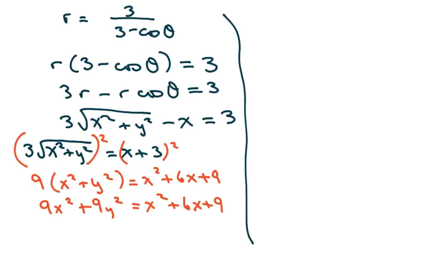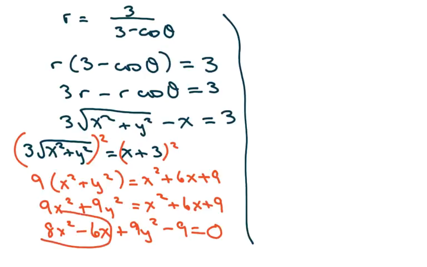When I do that, I'm going to get 8x squared minus 6x, putting the x's together, plus 9y squared minus 9 equals 0. I moved everything over, but I grouped my x's so I can complete the square.